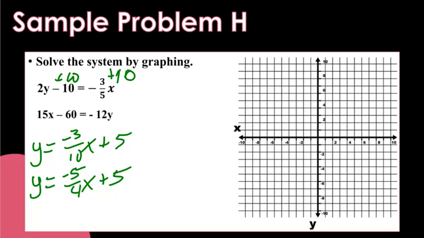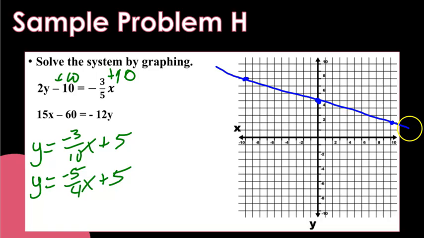So if I graph those, I got point at positive 5, down 3 to the right 10, be here, or up 3 to the left 10, which would be here.